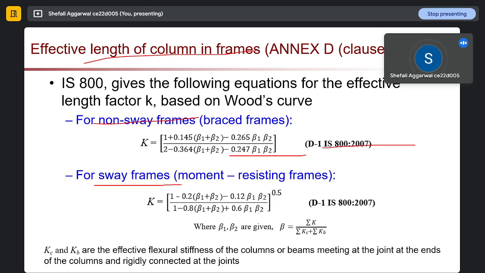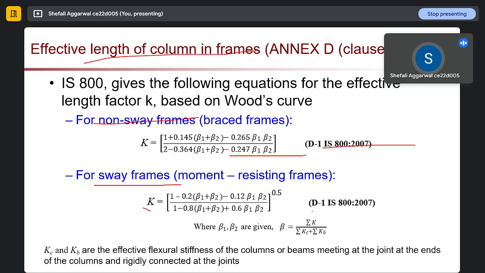And second, in the case of sway frames, how does this K value change? K is equal to the square root of 1 minus 0.2 (beta 1 plus beta 2) minus 0.12 beta 1 beta 2, divided by 1 minus 0.8 (beta 1 plus beta 2) plus 0.6 beta 1 beta 2. Okay, you need not remember all these terms.